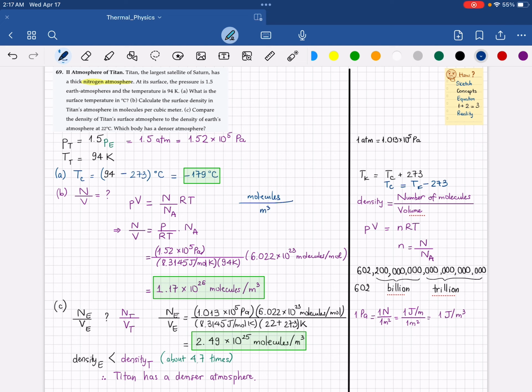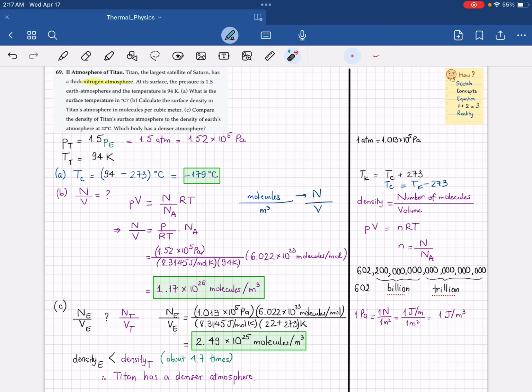In order to count the number of molecules, that should be the big N, right? And which quantity will be measured in meter cube? That should be the volume, right? So actually they ask us to find the density, but it's not the usual density as mass over volume, but the number of molecules over volume.